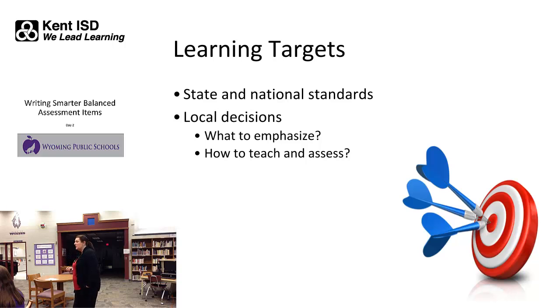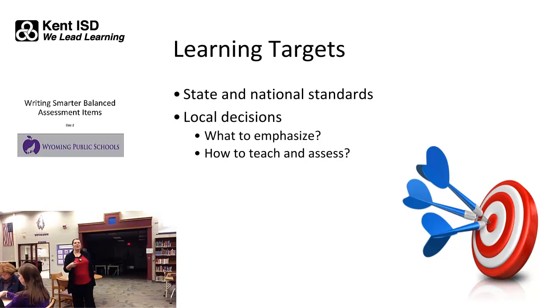And we often write those in the student-friendly language of the I can statements. And then you're making that decision about what is a priority. What's important for those students and which of those targets have the high leverage. And those were the items we talked about last time around how do you select which learning targets to assess and ultimately which ones to teach.